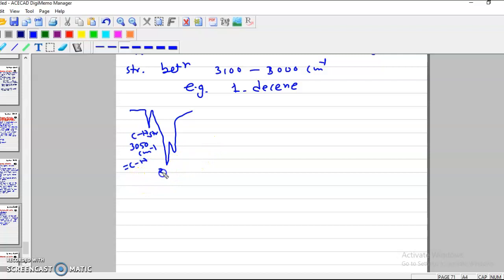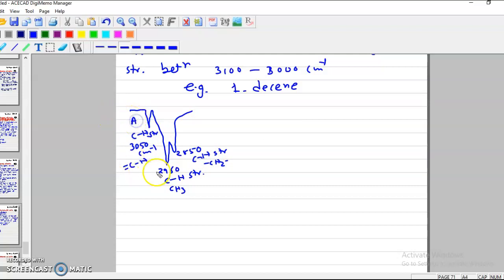Here we have one band at 2960, another at 2850. Both are CH stretching, because of the presence of CH3 and CH2. Okay, if they are present, otherwise there is no band.